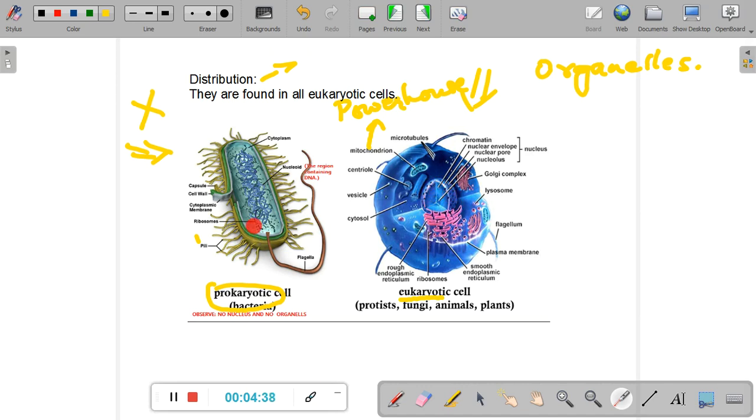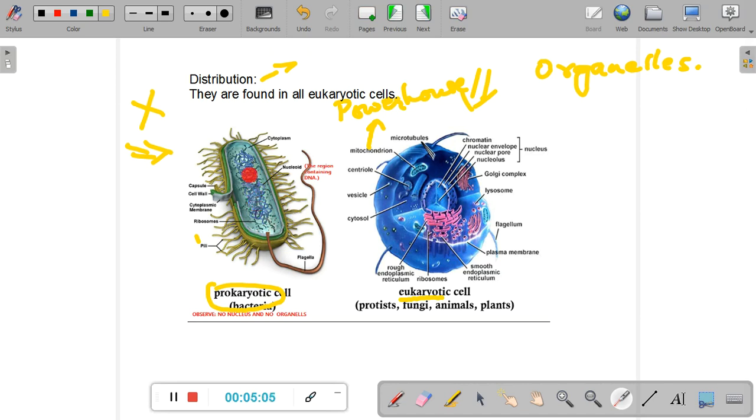Now when we look at prokaryotes, we do not have organelles, but this does not mean that this particular cell will not perform all of these functions. But the function of mitochondria in this particular cell is not located inside an organelle, but all those components that provide energy to the cell are located elsewhere in the cell but not in organelles.